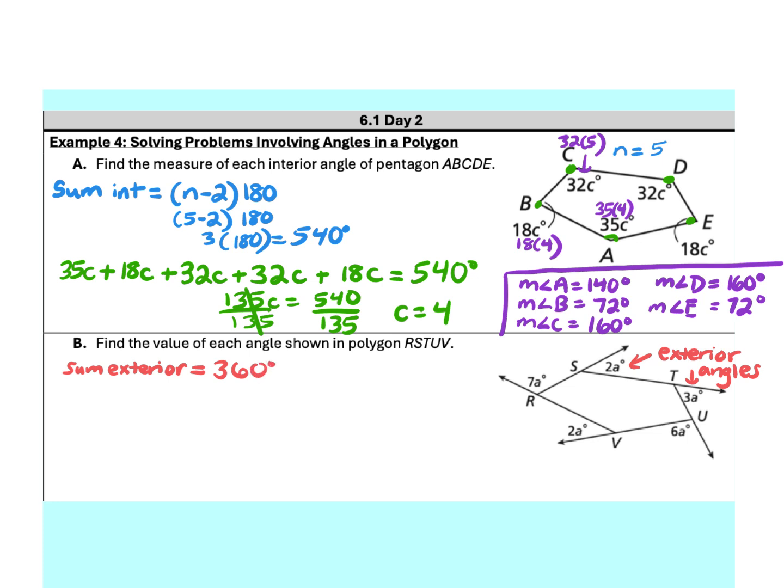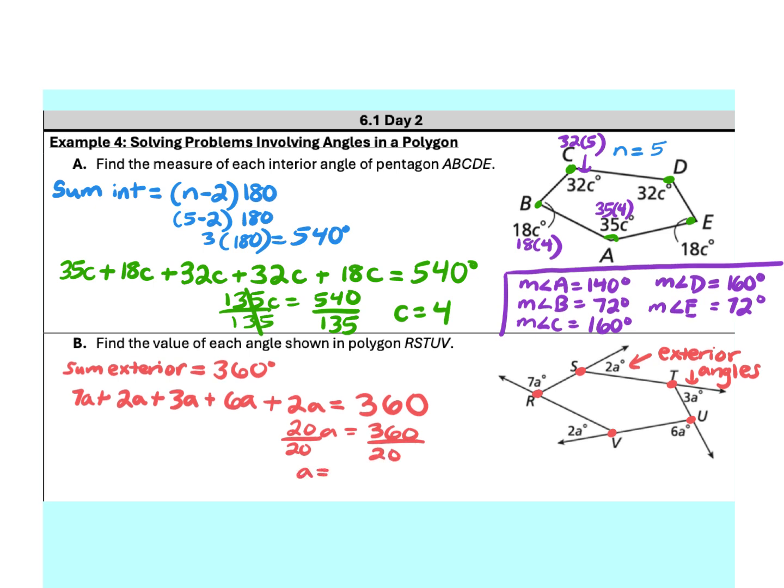So if I just take the 1, 2, 3, 4, 5 angles here and I add them up, I'm going to start at R, which is 7A, and then S, 2A, T, 3A, U is 6A, and V is 2A. If we add all of those together, the exterior angle sum is always 360 degrees. We'll combine like terms, add all of those A's together, and you'll arrive at 20A equals 360. Do a quick divide by 20. And we end up with 18.